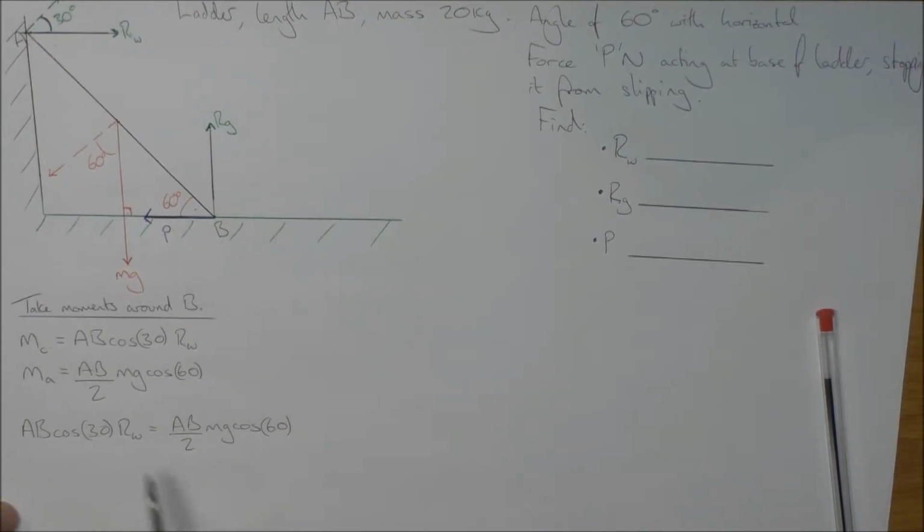I can then rearrange this. Effectively, I'm going to divide through by AB cos 30 to leave me with RW on this side, and I can say that RW then is equal to, the AB's cancel out, and this is then going to read mg cos 60 all over 2 cos 30.